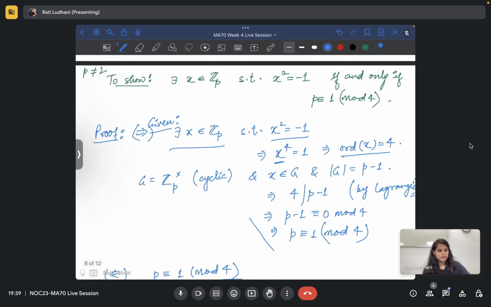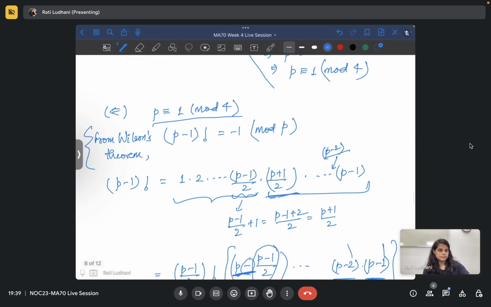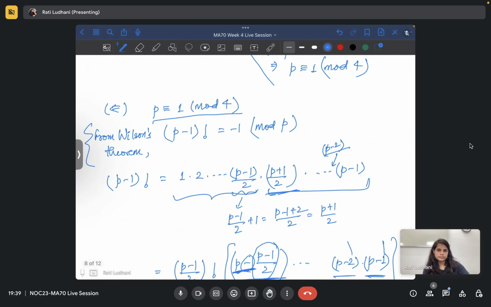You can tell me which part, I can just open that. Okay, one second. So we wrote (p−1)! in some separate forms, and we just did a clever argument. Okay.